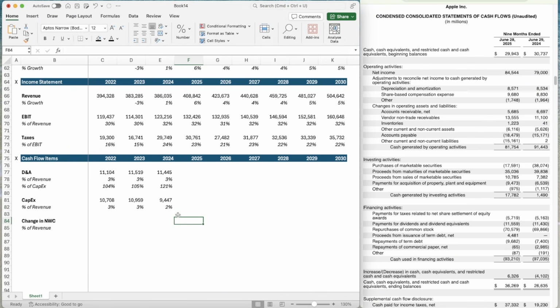So, equals DNA divided by 8534. 8571 multiplied by 1.3411. Okay. Do the same for CapEx. Equals 9447 divided by 6539. No, we want to now do 9473 multiplied by 1.4471.